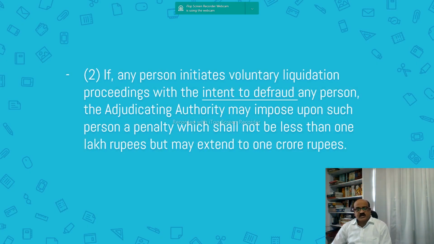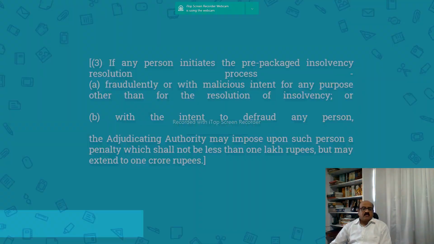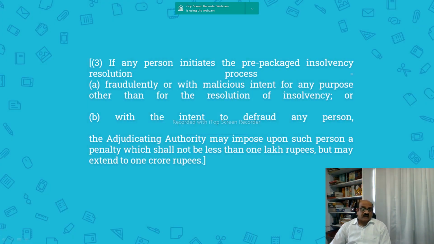If any person initiates voluntary liquidation proceedings with the intent to defraud any person, the adjudicating authority may impose upon such person a penalty which shall not be less than 1 lakh rupees but may extend to 1 crore rupees. Now subsection 3.